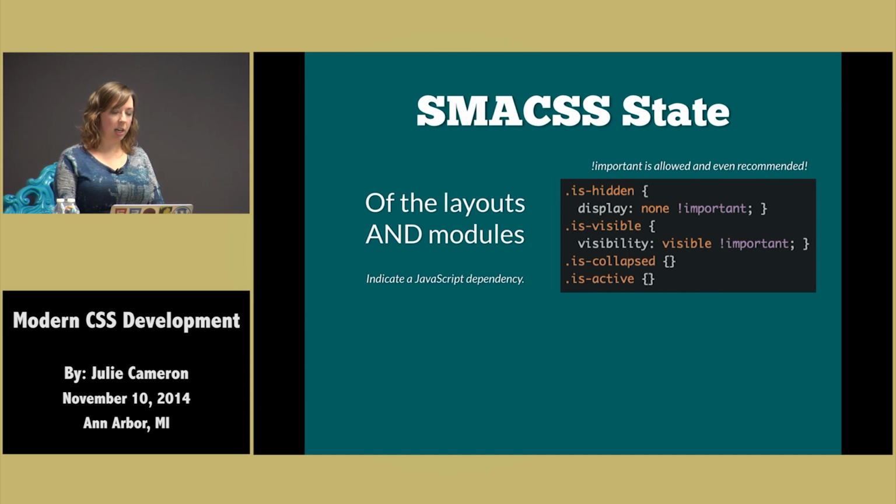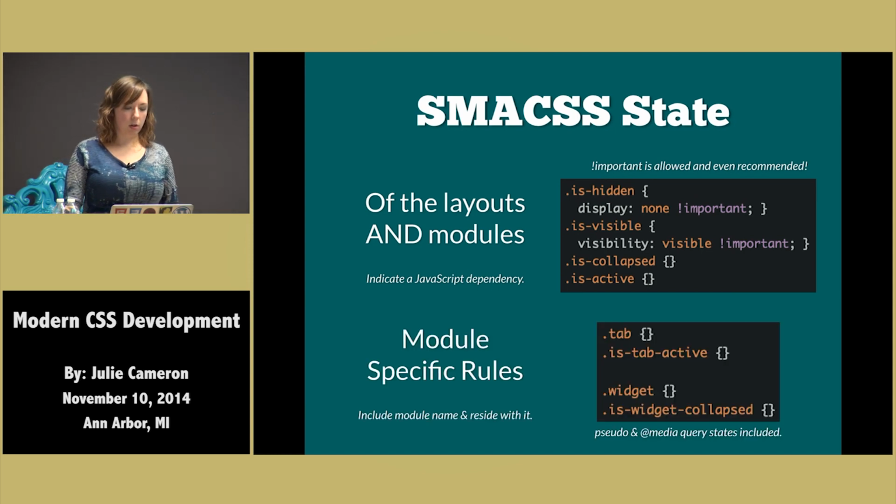However, sometimes we want a very specific style applied to an element for that state. Maybe we've got an is collapsed state that generally shrinks something down, but for this one component, maybe a widget or something, when it collapses, we want it to do something slightly different. So he allows for module-specific rules, where we include a module name and make sure the style resides with the whole module.